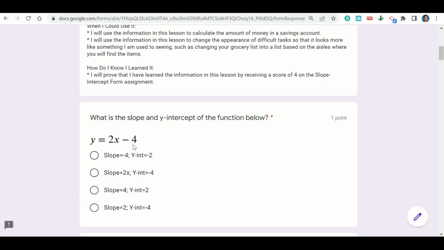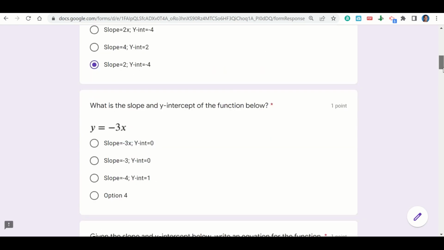So the number that's attached to the x should be my slope. So in this case, my slope is 2. Notice it's not 2x because the 2 and the x are not together anymore. They've broken up. That's why it's the x. So my slope is 2. And my y-intercept in this case is the lonely one, which in this case is negative 4. Why am I alone? Negative 4. So my answer would be this one here.